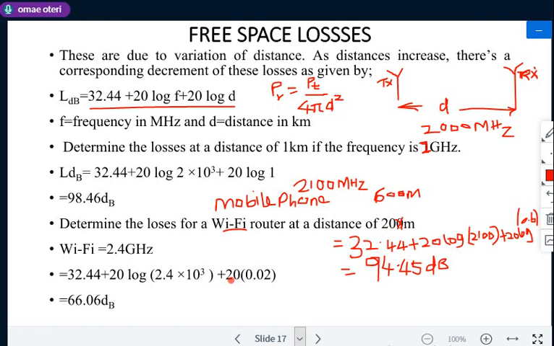Yeah, you need to indicate the 20 log 0.6.